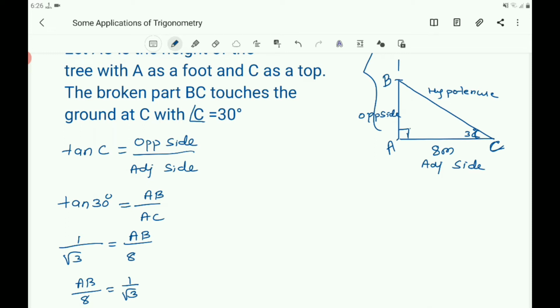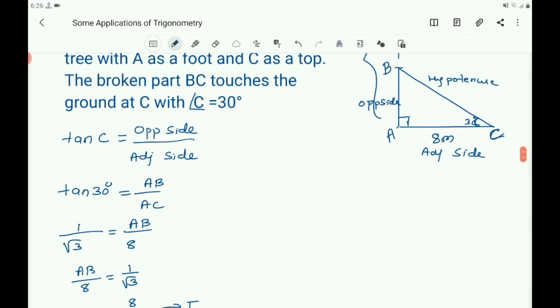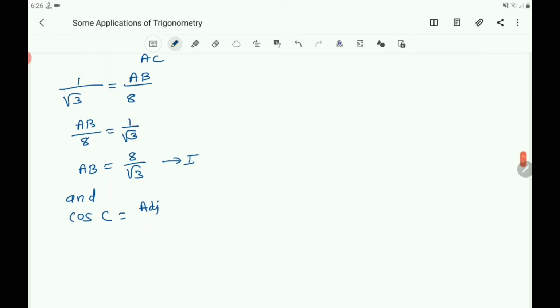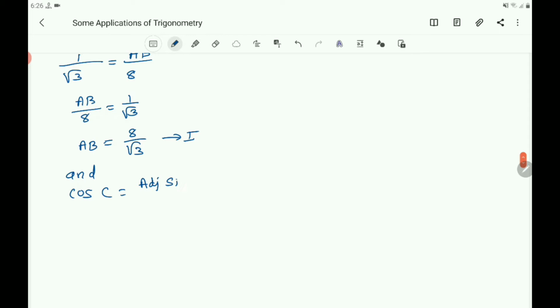If you are using sine of the angle, that is O by H, opposite side by hypotenuse. If you are using cos of the angle, you can use A by H, that is left to you. Let us use cos of 30. So you take cos C and you write cos C equals A by H, that is adjacent side by hypotenuse.